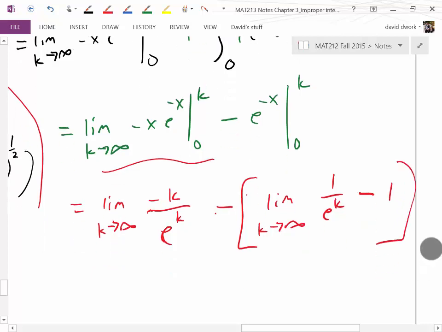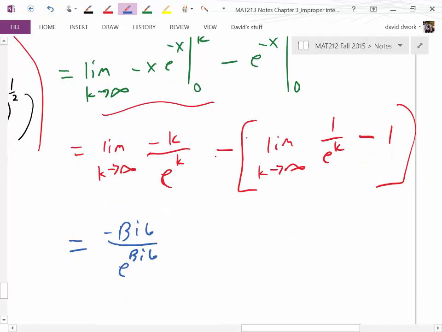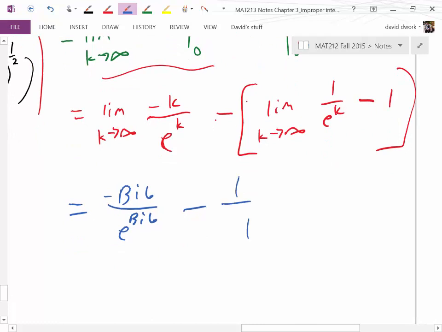There we go. And we set forth now evaluating our limits. So let's go ahead and substitute in here. We're going to have something negative big divided by e to the big. Ooh, that's an interesting scenario. Minus the 1 over e to the big minus 1.